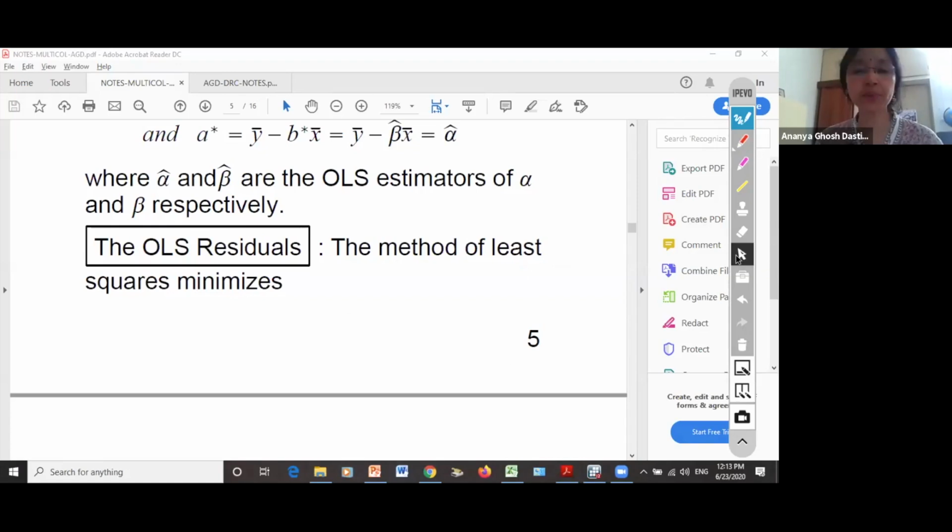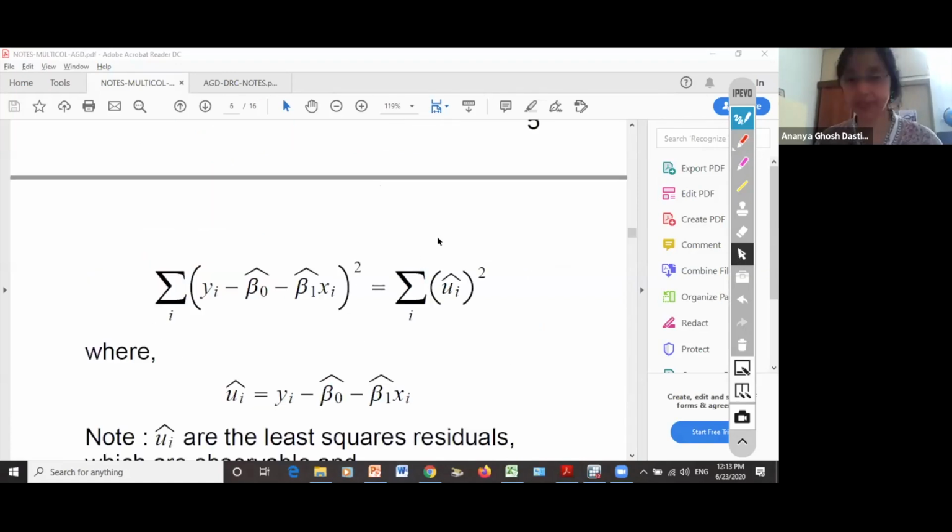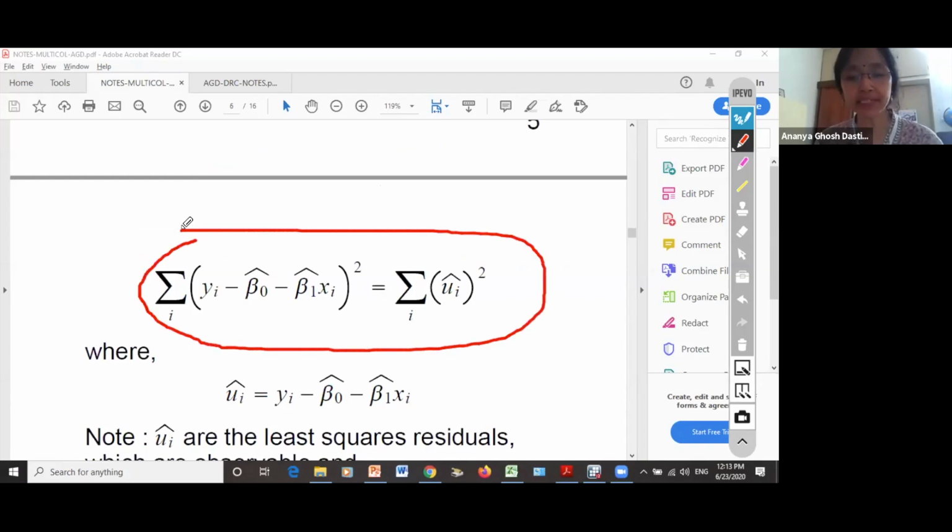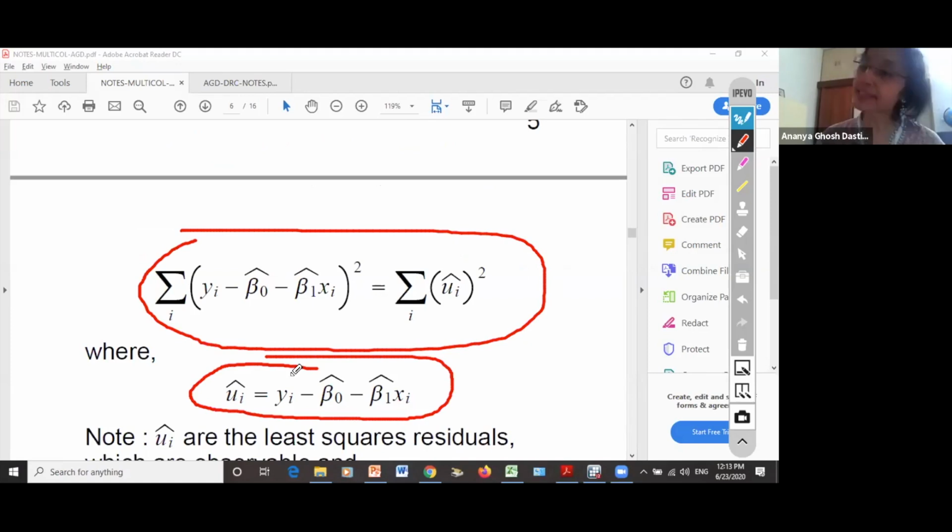So that is where we started from, okay. So OLS minimizes the value of your squared residuals. So the residuals, which are U hat, are Y minus Y hat. That is getting minimized in the process of your OLS regression, okay.